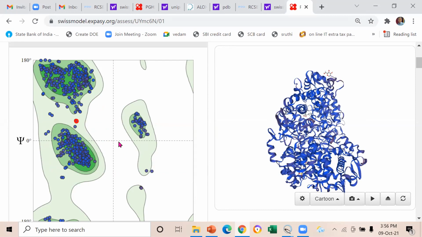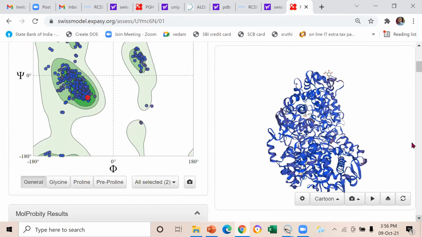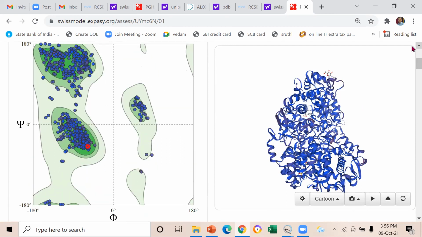But if you have more points outside, that means that protein will not be really realistic, because Professor G.N. Ramachandran, okay, he's Indian. He worked first at Madras University, then he worked at IISc Bangalore, and he developed this particular knowledge of acceptable regions for angles phi and psi of a protein. So this is used quite a lot everywhere in bioinformatics.